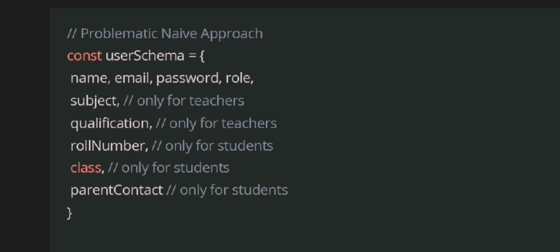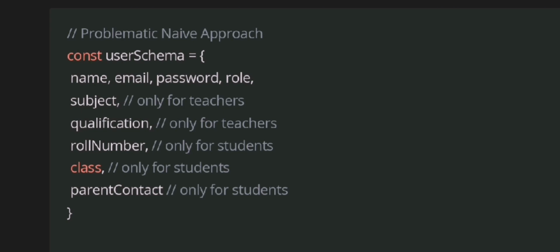If we put everything inside the user schema, it would look like this. const userSchema: name, email, password, role, subject only for teachers, qualification only for teachers, roll number only for students, class only for students, parent contact only for students.